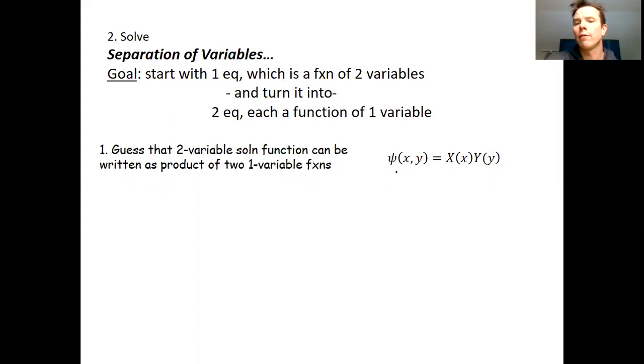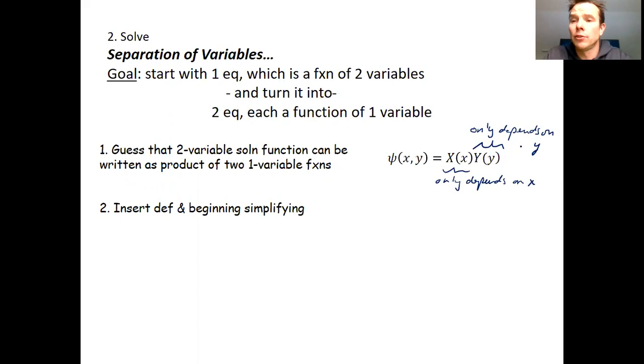In other words, our wave function, which depends on X and Y, can be written as a product of one function which only depends on X and one function which only depends on Y. So I'm going to call the function which only depends on X, capital X, and the one which only depends on Y, capital Y.